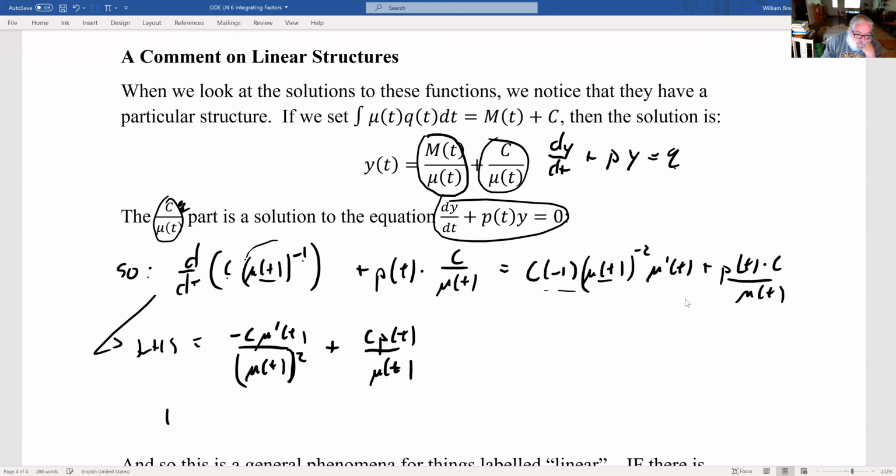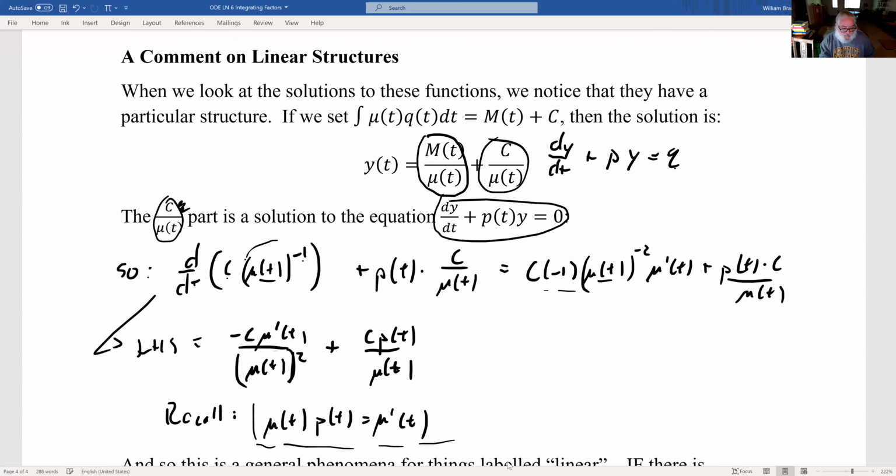But remember, this is the definition that we actually used for defining mu of t, if you go back up to that very first page.